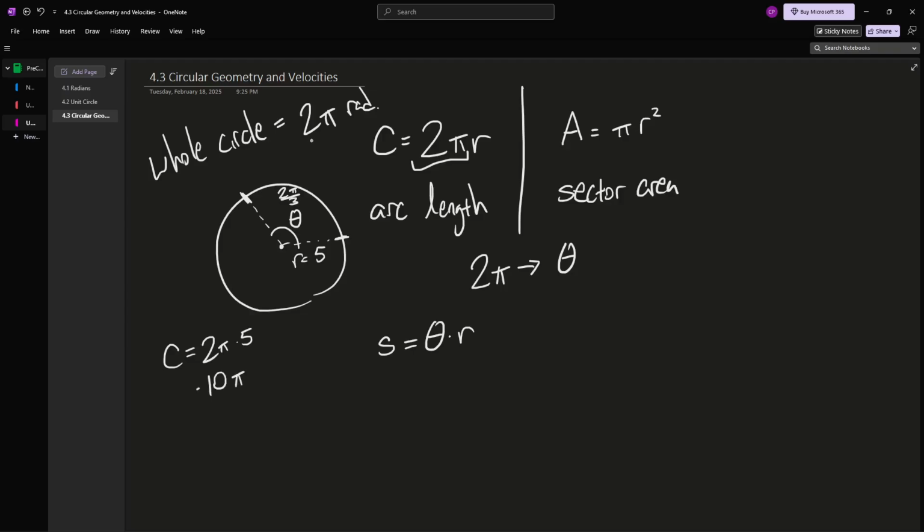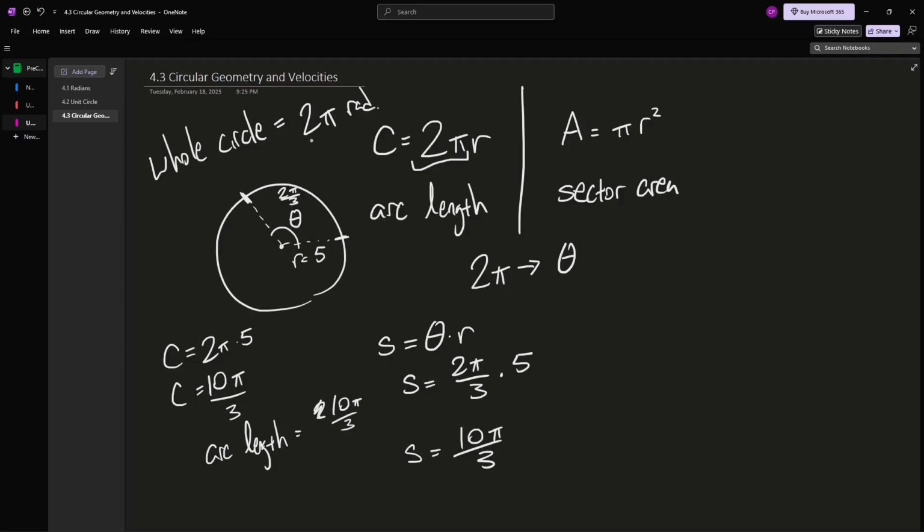That is my whole circumference. If I just take a third of it, my arc length should be 10 pi over 3. Let's see if that is true with this formula. My arc length is my theta, 2 pi over 3, times my radius. We multiply this together, and we see it is true.